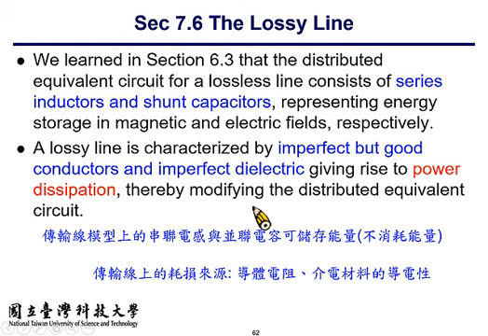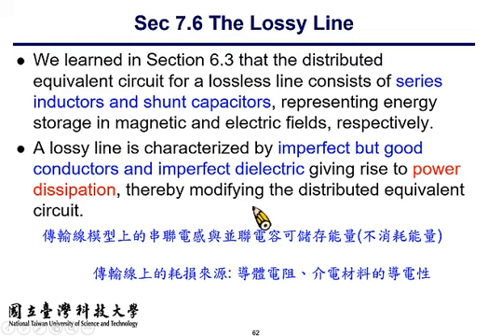On the blackboard, to the right is the distributed circuit. You comprise series inductor and shunt capacitor. Nevertheless, this is also a simplified circuit by the assumption that the transmission line circuit is lossless, which means that no energy is dissipated on the transmission line as it propagates along it.